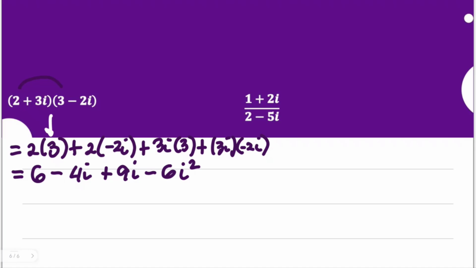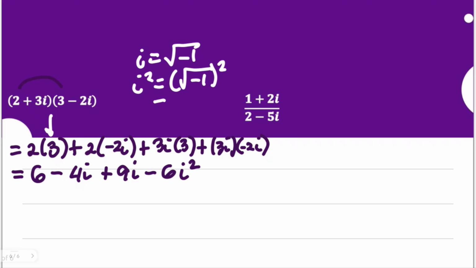We know that i is equal to the square root of negative 1. Hence, i squared is the square of the square root of negative 1, which will give us negative 1. So with that, that's 6 minus 4i plus, and you can now start regrouping the i's. Let me regroup them. I will start with the positive, so 9i.